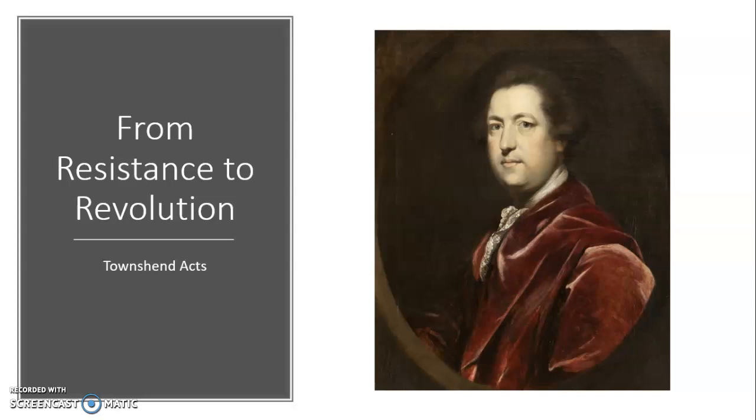It's going to place taxes on several different imported goods such as paper, paint, glass, and tea. Keep that tea in mind because that's going to be a particular issue that the colonists will have with England. So the Townshend Acts puts import taxes on paper, paint, glass, and tea that are being imported into the British colonies in North America.